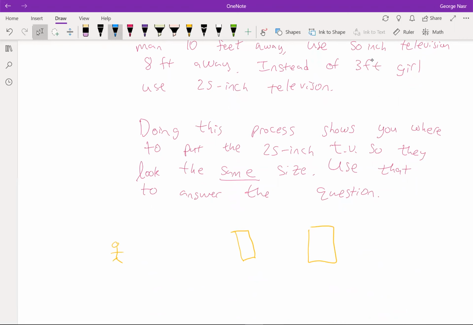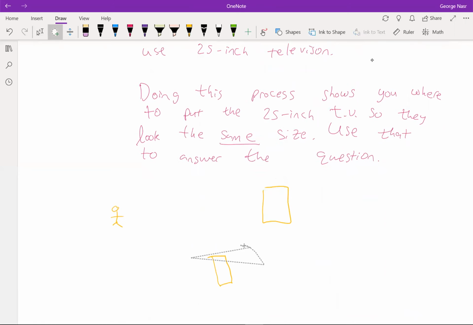So the idea is, you're given this problem, you're given the TV is this distance, the 25 inches that distance, the 50 inches that distance, and what I'm saying you should do is forget about where the 25 inches is, figure out where this needs to go so that it would cover that 50-inch TV perfectly. And I claim that once you do that, then you can address which one would look bigger.